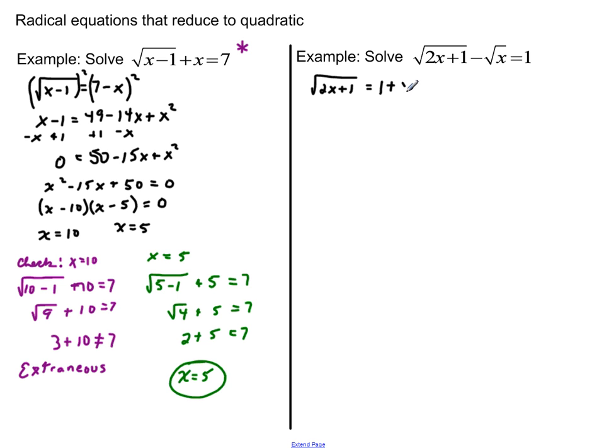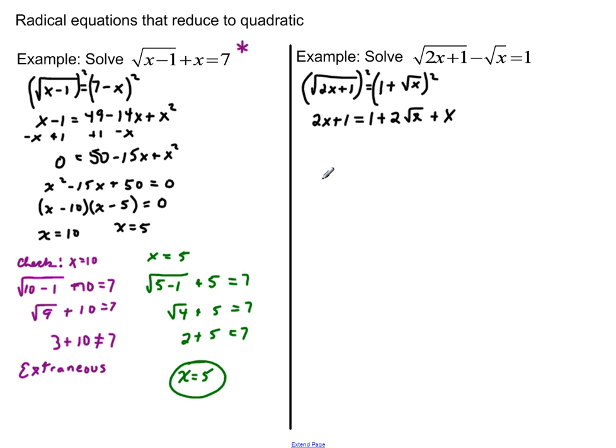And we should now get busy on squaring both sides of this equation to eliminate the radical around 2x plus 1. So doing so on the left reveals that 2x plus 1 will equal on the right 1 plus 2 times the square root of x plus x.